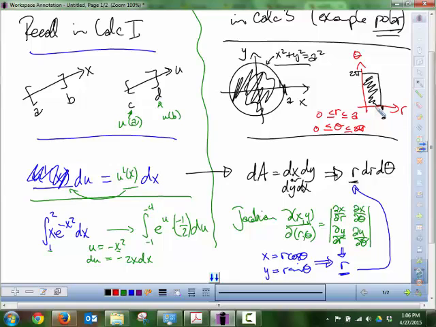So what we have here is a relationship between r and theta and x and y. We know that relationship. X is equal to r cosine theta. Y is equal to r sine theta. That's a relationship that takes r and theta values back to the xy plane.